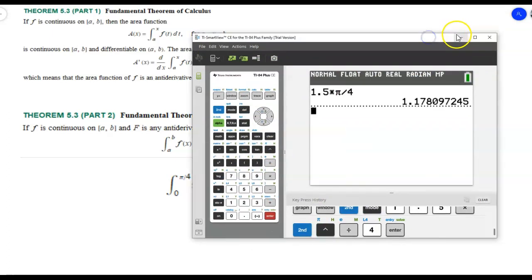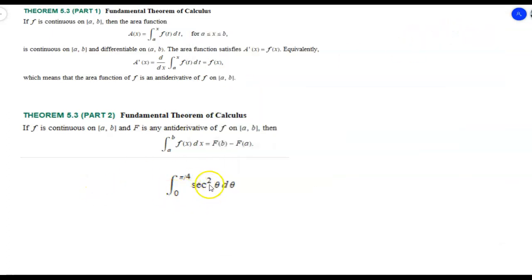All right. So let's go ahead and take a look at this then. If the derivative of tangent is secant squared, then the antiderivative of secant squared is tangent. So this is going to be the tangent of theta evaluated from 0 to pi over 4.